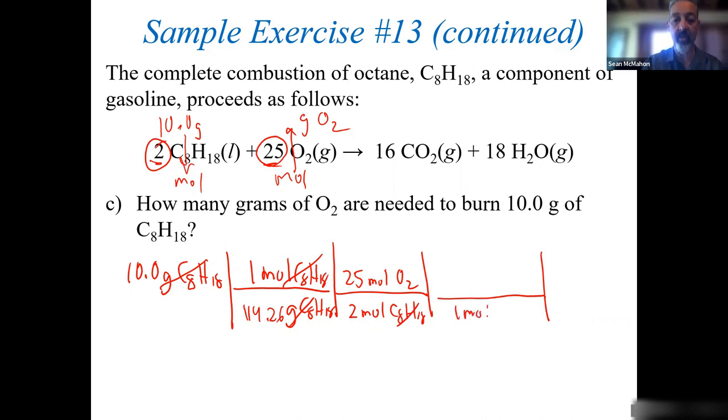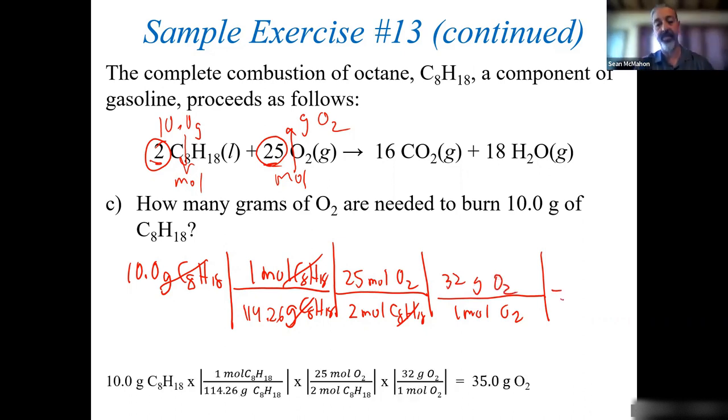So 1 mole of O2 is, look up the periodic table, 2 times the mass of oxygen, which is 16, 32 grams of O2. And I get my answer, 35.0 grams. 3 sig figs. Why? These trailing zeros count because there's a decimal. It all builds.